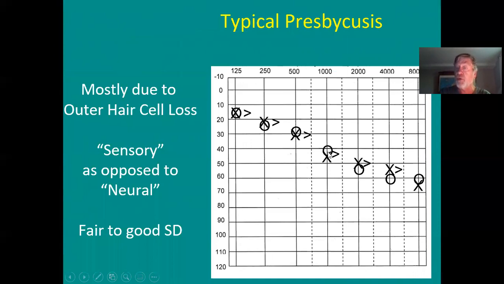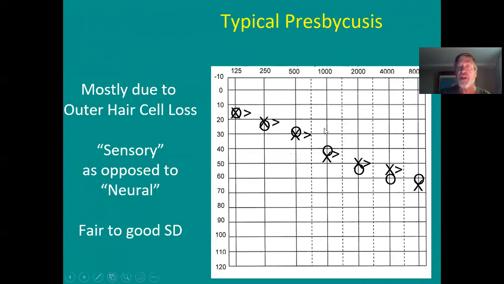So this person would normally hear spondee words as well, down to about 40 decibels in speech. That's what we mean by speech reception threshold. The softest he could hear speech should agree with the pure tone average. This is always a cardinal rule in hearing testing.